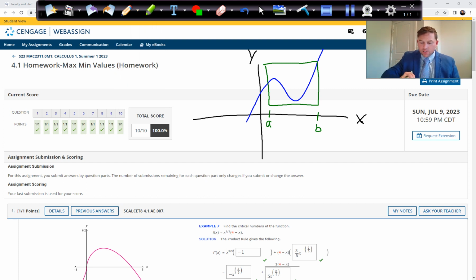Well, clearly there's a local maximum right here. Local max. And there's a local minimum right here, local min.